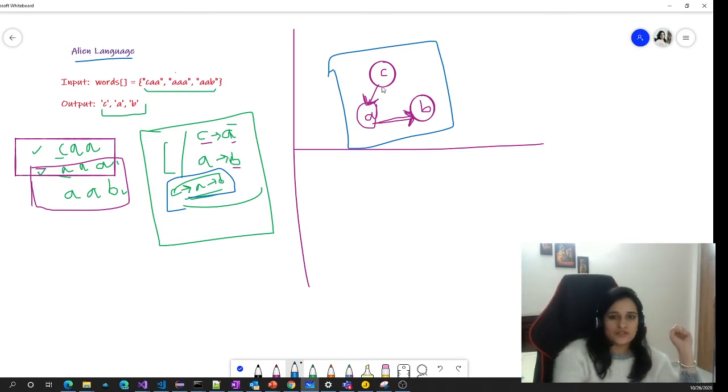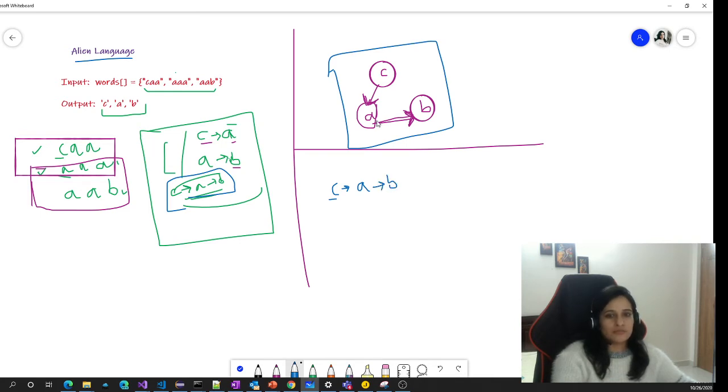The idea of TopoSort is that if a node has any neighbor or adjacent vertices, those should come after that vertex. For example, C has one neighbor vertex A, so that should come after C. Similarly, A has a direct edge pointing to B, so A should come before B.